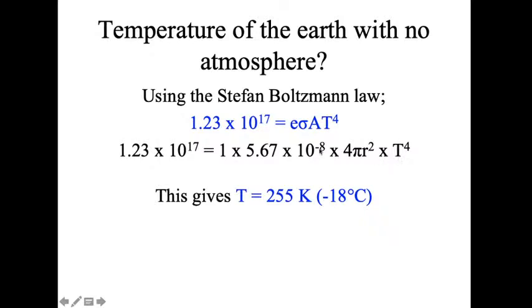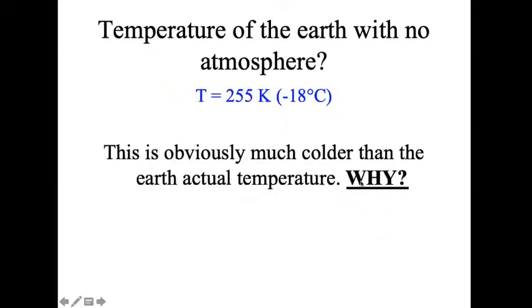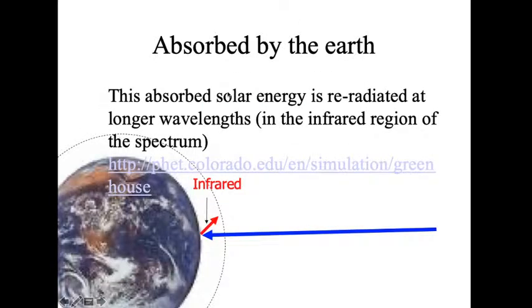So if we divide this whole side by everything but temperature, and this side as well, take the 4th root, to the power of 1 over 4, we get a temperature of 255 Kelvin, which is minus 18 degrees Celsius. So that doesn't seem right. There's obviously more heat coming from somewhere, and that's where greenhouse gases come in. So the absorbed solar energy is re-radiated at infrared, right? The infrared region of the spectrum.